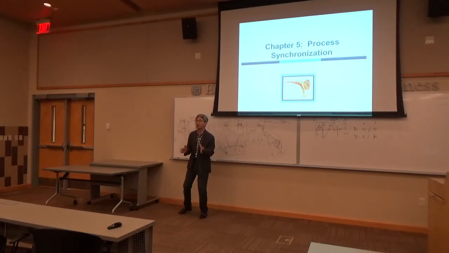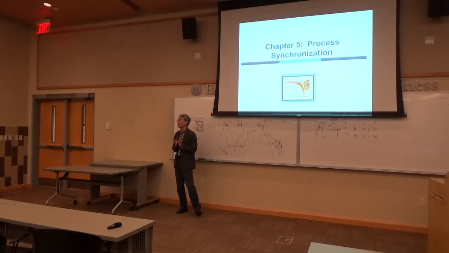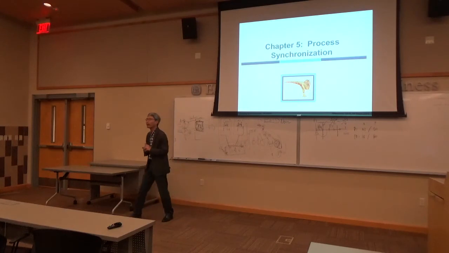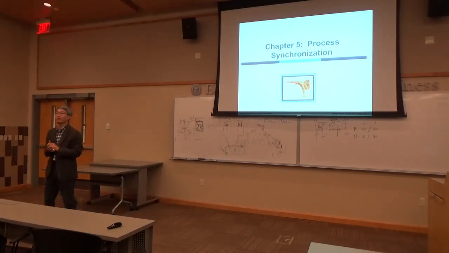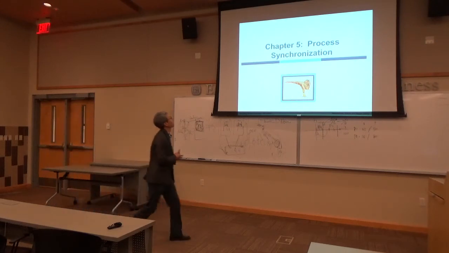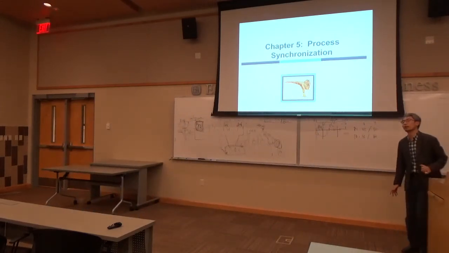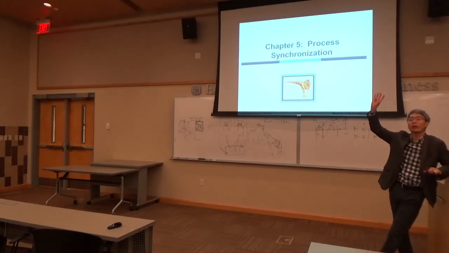Race condition means multiple processes are accessing the same shared data. So because of race condition, we have the synchronization problem. We'd like to address that problem. That is process synchronization. There are different solutions in synchronization. Some of them are hardware level.